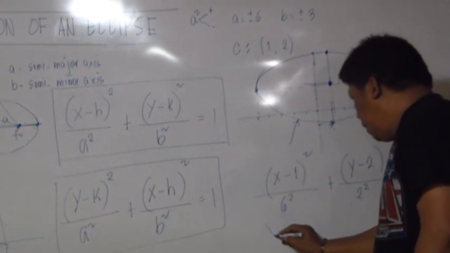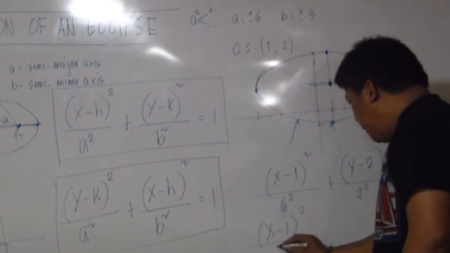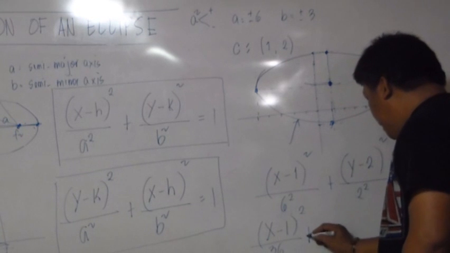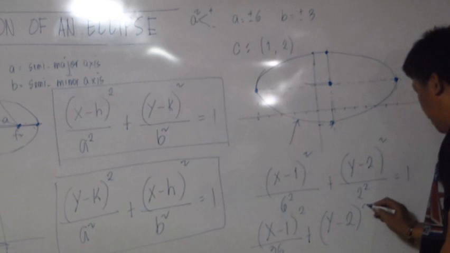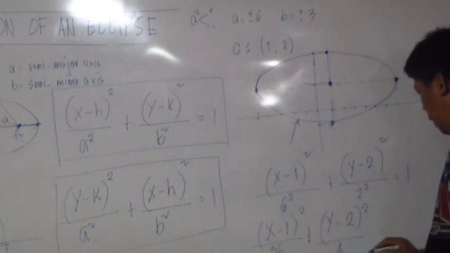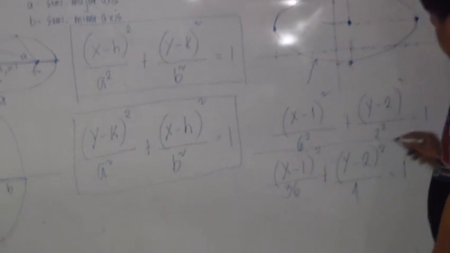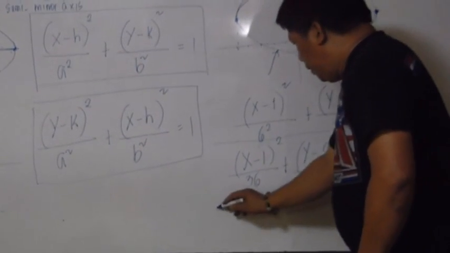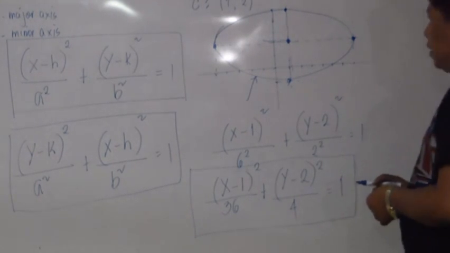Or this is x minus 1 squared over 36 plus y minus 2 squared over 4 is equal to 1. We can consider this as our standard form of the equation of an ellipse, but we can still simplify this by expanding.